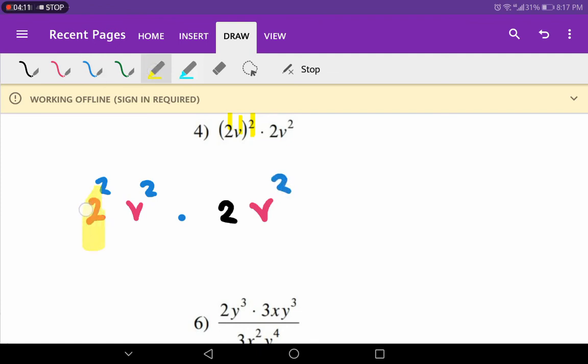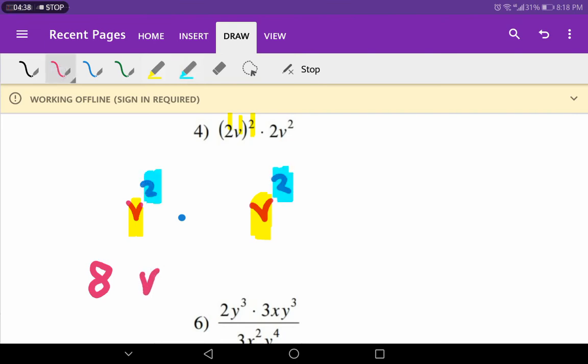This one is a number with a power, so it is 4. And this one is the coefficient, yes? Multiply them and finish, so it is 8. Now I have the same base and a power, so it is v with power 4. We're done. Okay, let's move to the next.